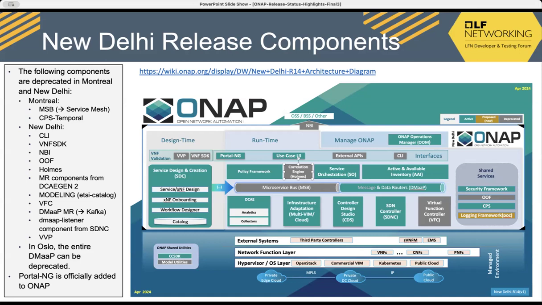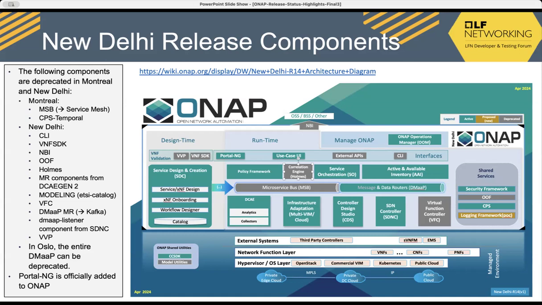That's the plan. Also, PORTAL-NG from Deutsche Telekom is officially added to ONAP. Before, they did some POC, but PORTAL-NG replaces the old portal. It has a new face and a new way of handling things, including security handling.